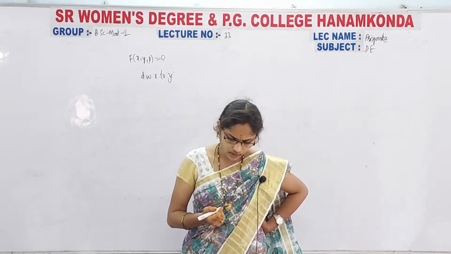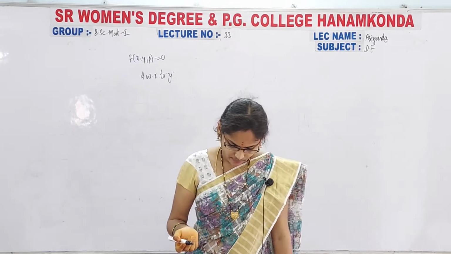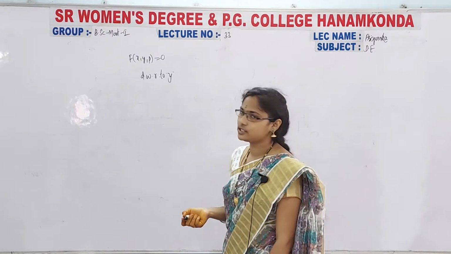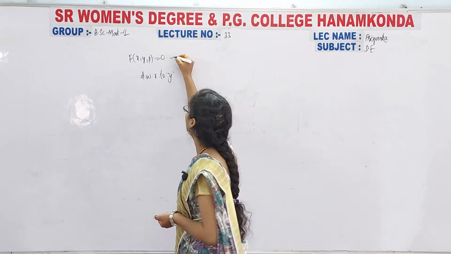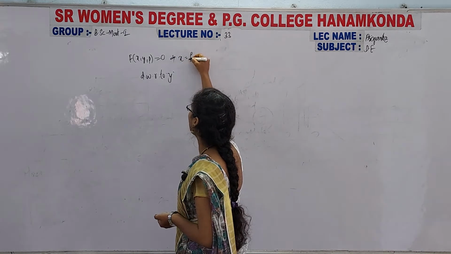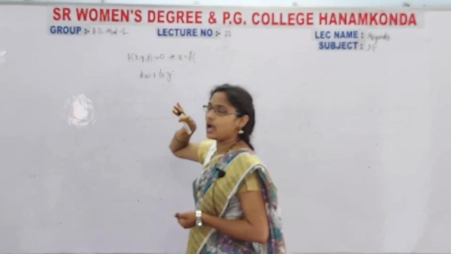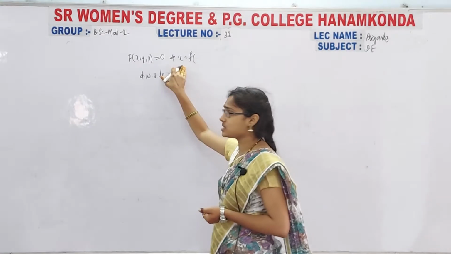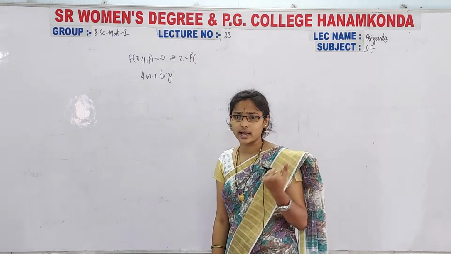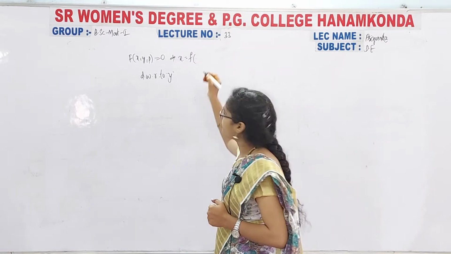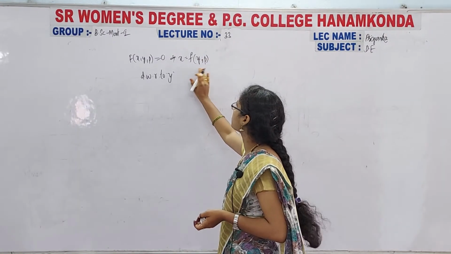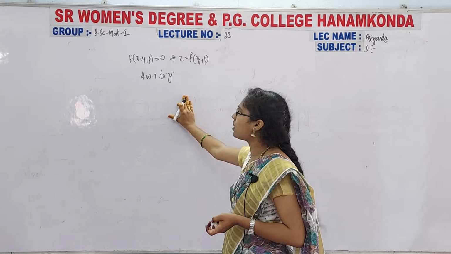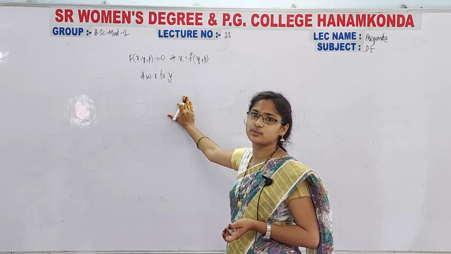Next write: differentiate with respect to y. First of all we take the value of x on one side and the remaining terms on the other side, so x is equal to f of y comma p. Now differentiate with respect to y.